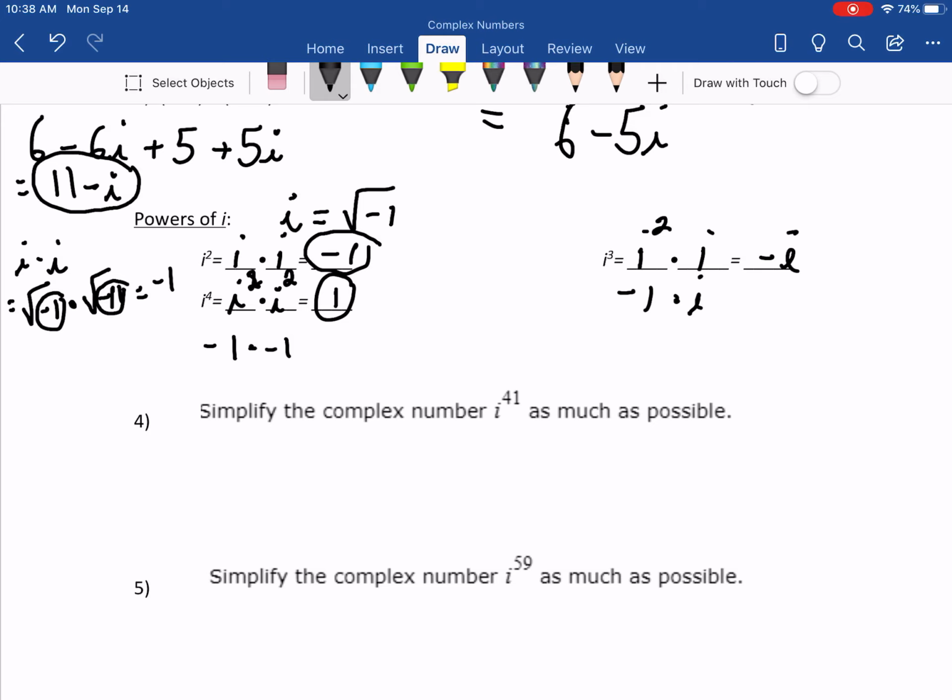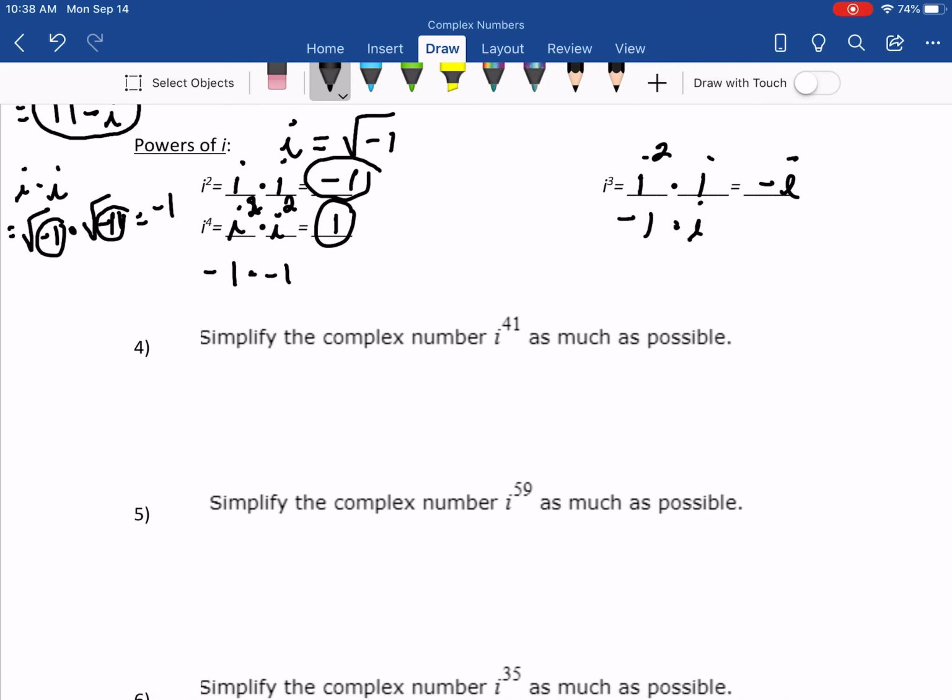So if we want to simplify higher powers of i, like i to the 41st, I'm going to rewrite this as i to the 41st is equal to i to the 40th times i. And now I'm going to use one of these powers to simplify that further.